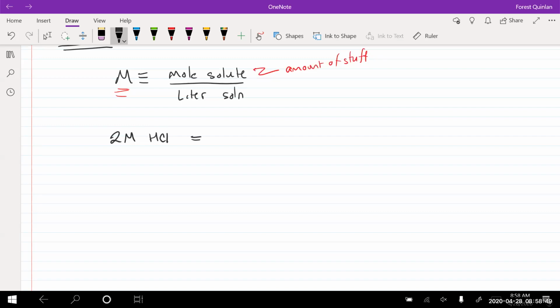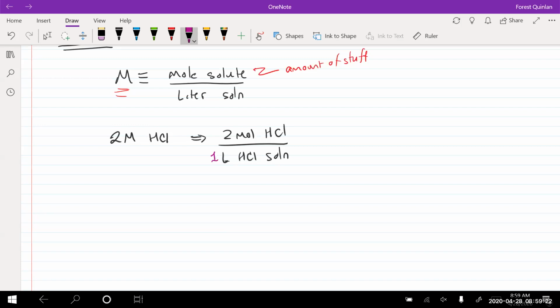What this really means is that there's 2 moles of HCl per liter of HCl solution. Eventually, I'll stop using this solution on the bottom, and we'll say 2 moles of HCl per liter of HCl. The implication is that it is a solution. So whenever, and let me be very clear, it is always on a 1 liter situation. We just usually leave the 1 off.